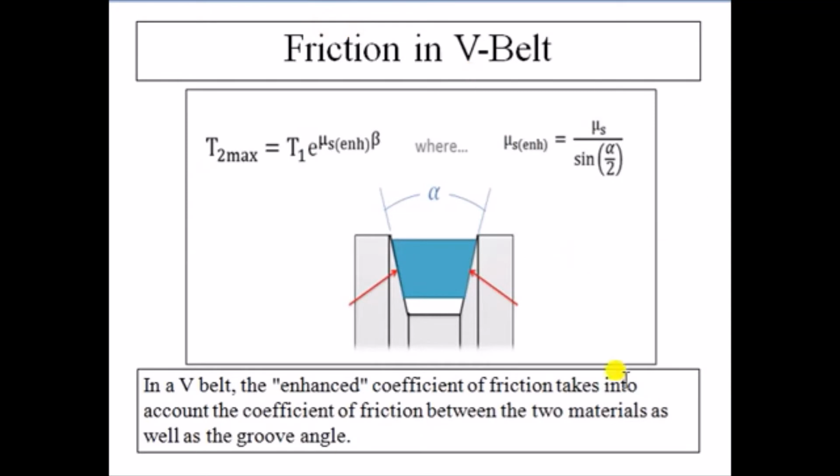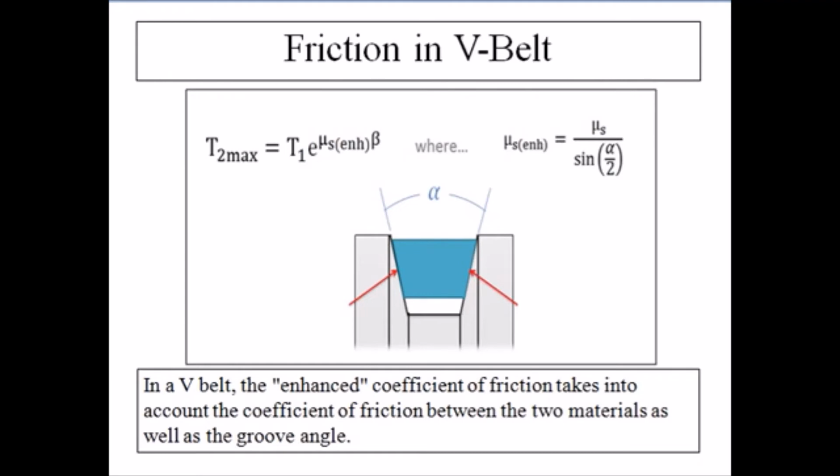Now in case of V belt, I had shown you the groove from the side view. This is what we are taking as the surface of the cylinder, where we will have a V kind of groove. So the belt which will be fixed here will be V. Now the angle between both the grooves will be angle alpha.